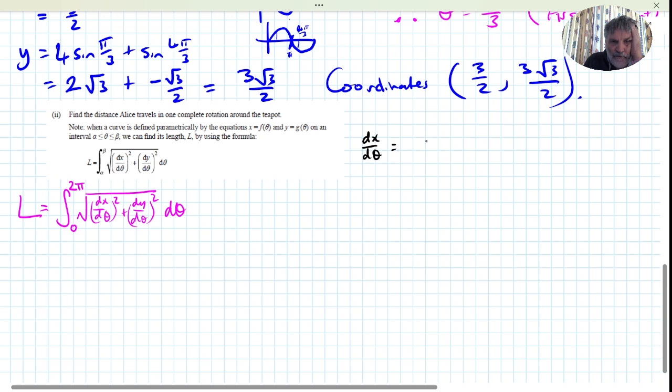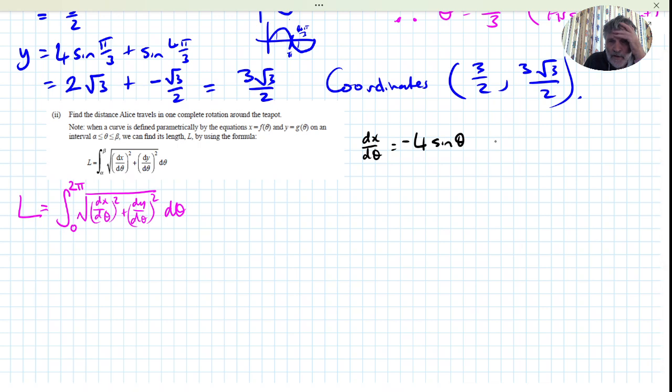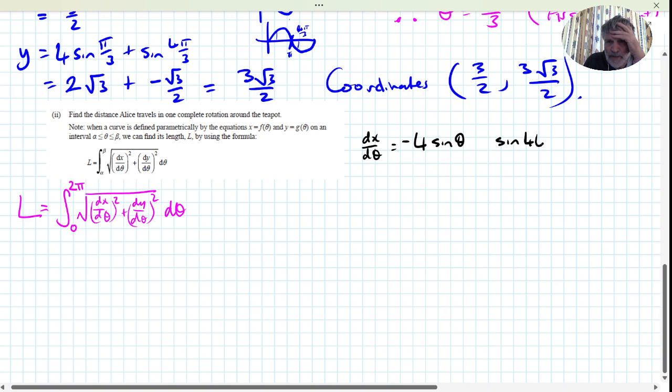X was 4 cosine theta, so differentiate that, you get 4 sine theta with a minus sign, plus cosine 4 theta, so you get sine 4 theta. Chain rule, you have to multiply by 4.